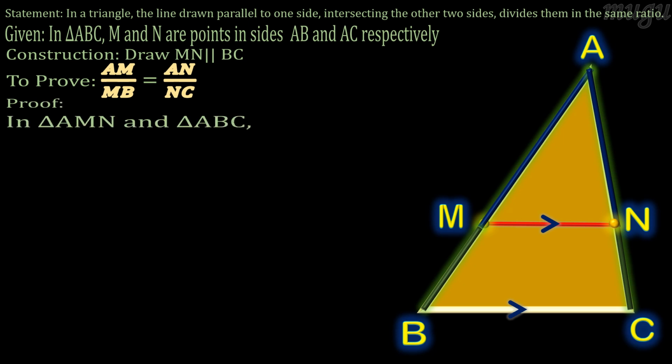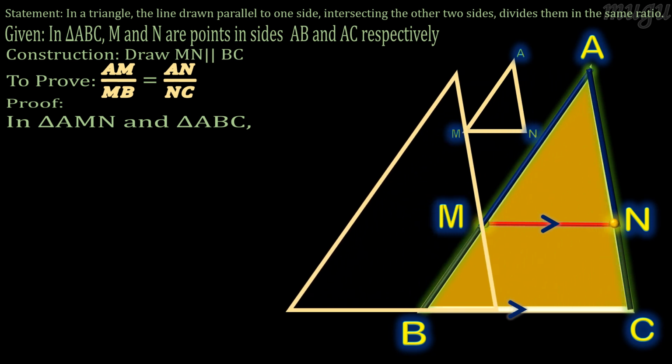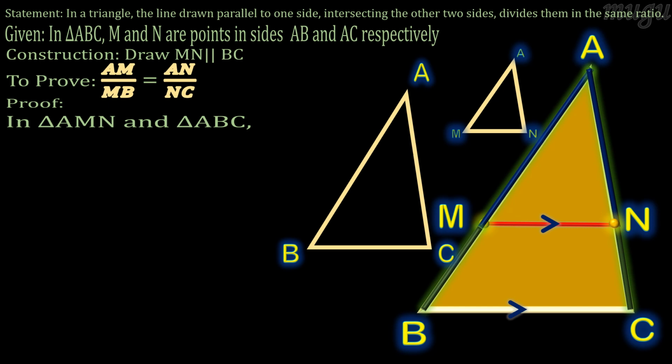Now, what is the proof? Let us get into the proof. In triangle AMN, the small triangle, we take it separately and keep it aside. For better understanding, we draw this triangle separately. And the original triangle ABC we take and keep aside as well.